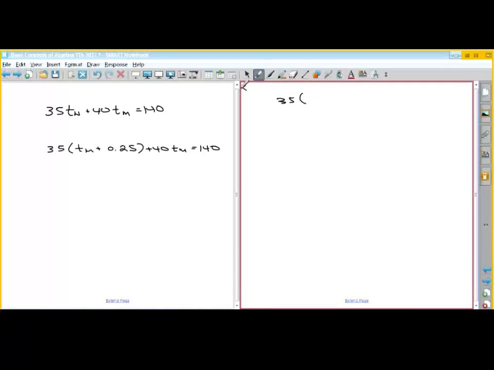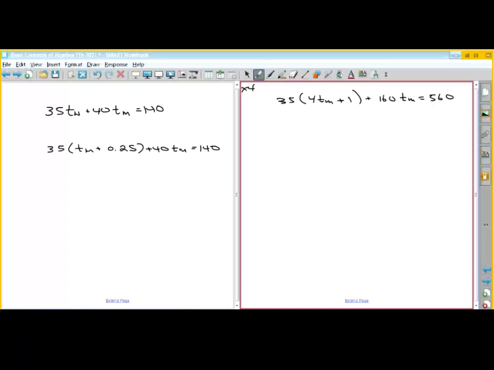You wouldn't multiply 35 times 4, you'd multiply everything that's in the parentheses by 4, and the rest of them you would multiply by 4. So 40 times 4 would be 160, and 140 times 4 would be 560. Okay, so that's how you would get rid of the 0.25, but you don't have to. But since I've already done it, I'm just going to go ahead and do it now.